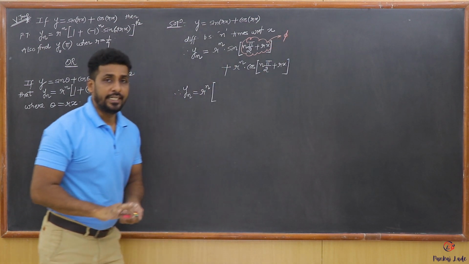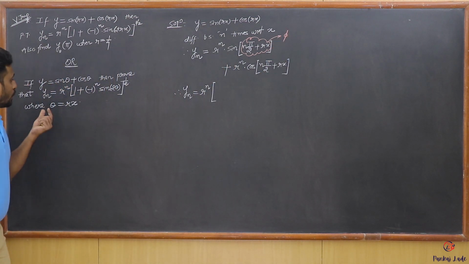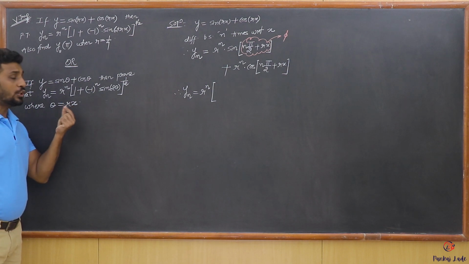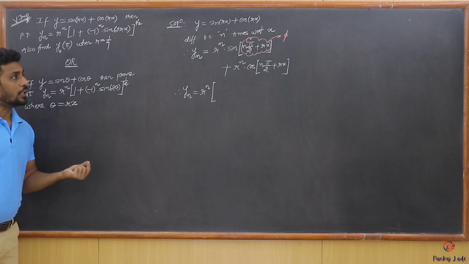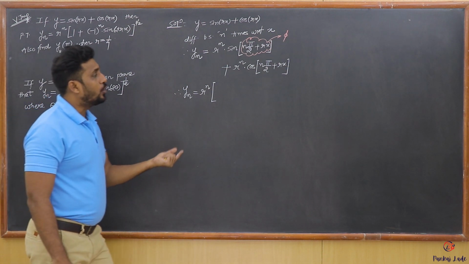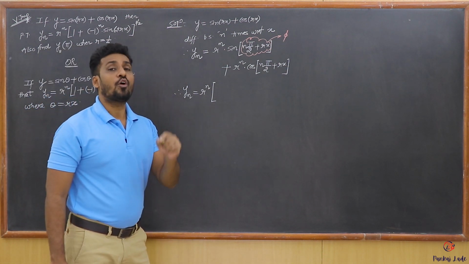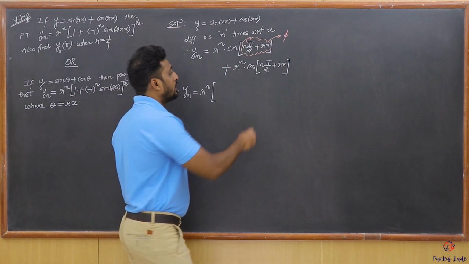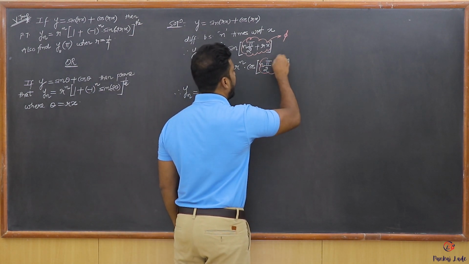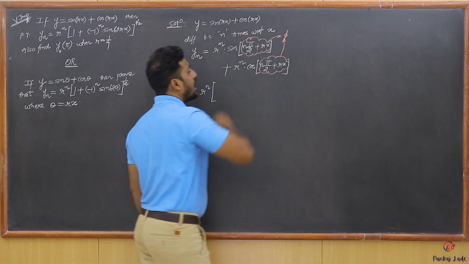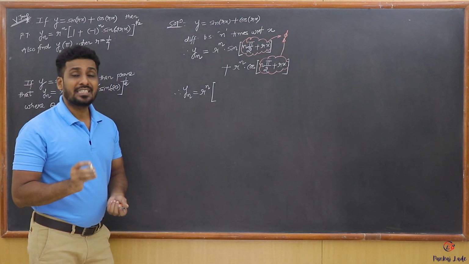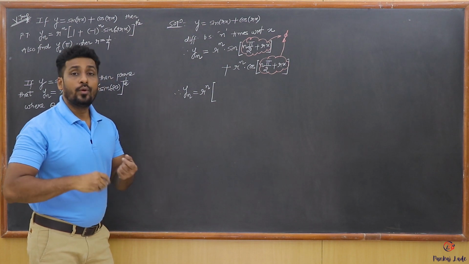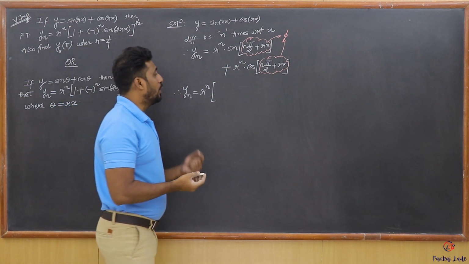I'm not going to make use of theta because if I take the solution for the second question, theta is already involved in the question, so I cannot make use of the symbol theta. So I'm using phi. So n pi by 2 plus rx, this I am writing for some time as phi. So this is also n pi by 2 plus rx. So this will also be written as phi. So I have taken out r raised to n common, and n pi by 2 plus rx has been replaced with phi. So my next step will now be looking something like this.